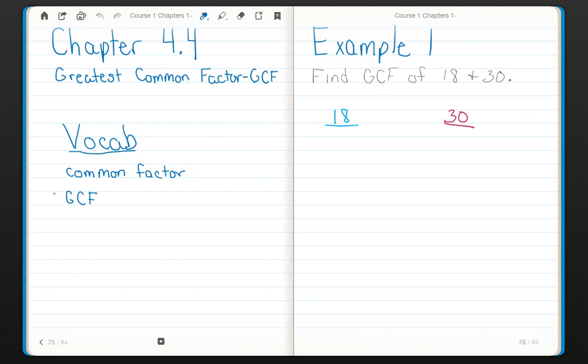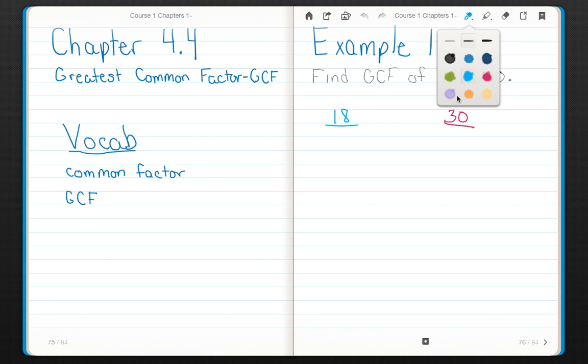So example 1, find the GCF, or greatest common factor, of 18 and 30. So the first thing that we need to do is list all of the factors. Remember, factors are smaller. I like to use a horseshoe factor in order to make sure that I list all of my factors, which looks like this.